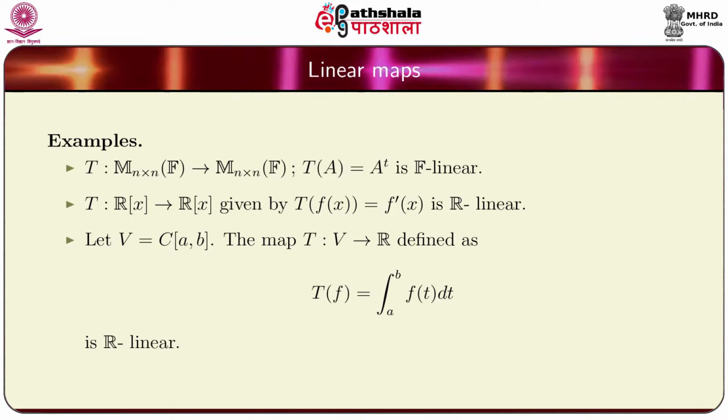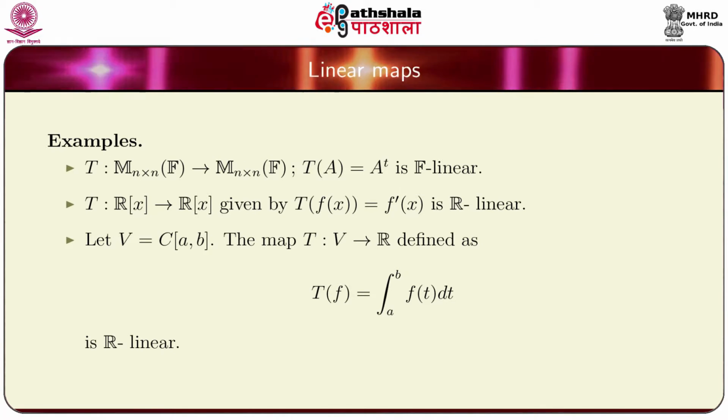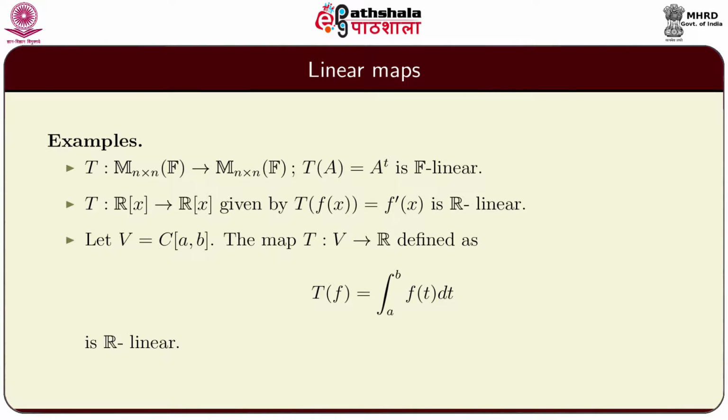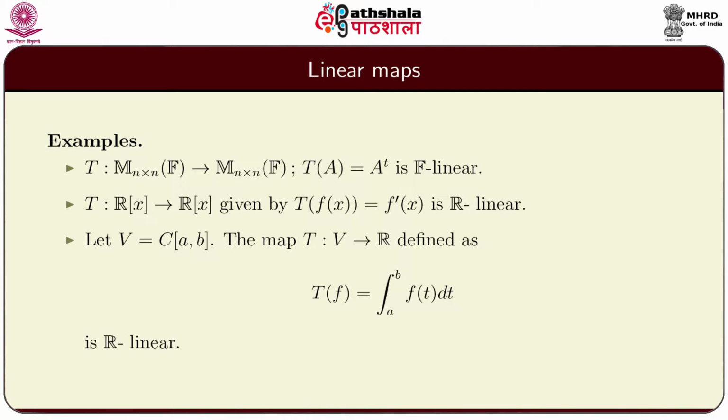The basic properties would tell you that T is a linear operator on R[x], and the next example is the integral operator on the vector space of continuous real valued functions on the closed and bounded interval [a, b], denoted by C[a, b], and T is defined as T(f) equal to the integral from a to b of f(t) dt.